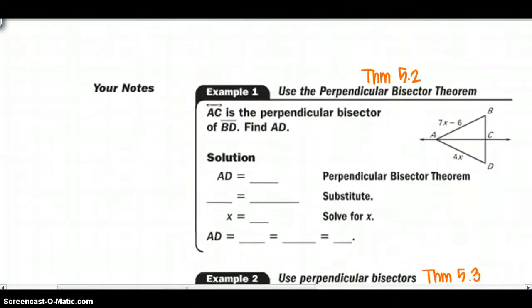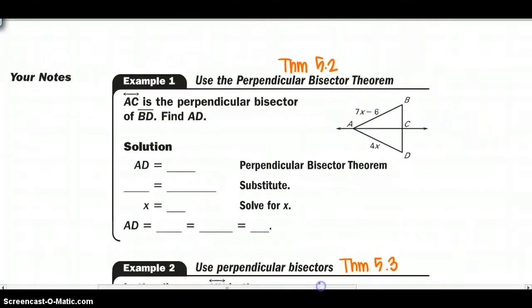Using that information, we're going to use theorem 5.2 first. We are told that AC is the perpendicular bisector of BD. Let's mark that. With theorem 5.2, I know that AB is equal to AD.